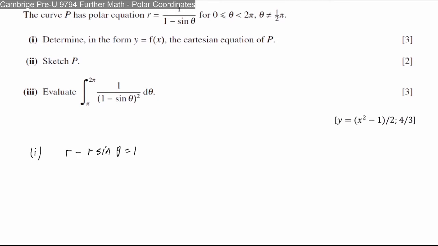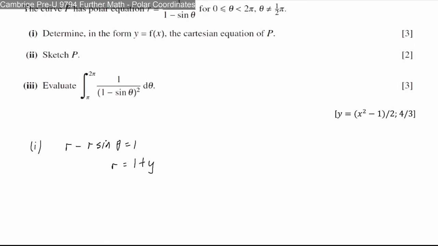So this is what we have, r minus r sine theta equals 1. We know that r sine theta is y, so we have r equals 1 plus y. Because we want to eliminate the r in this equation, let's square both sides. When we square the 1 plus y, we have 1 plus 2y plus y squared. For the r squared, we have x squared plus y squared.